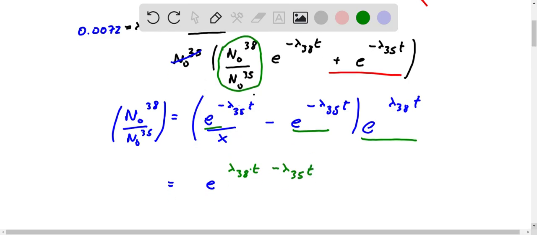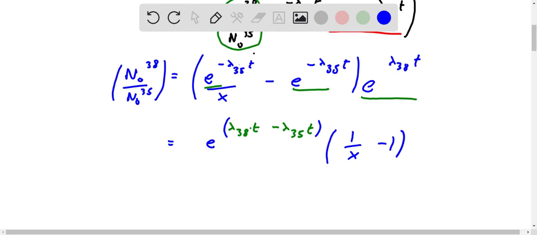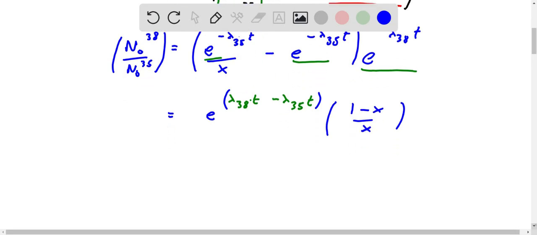Oh, whoops, I changed color. Sorry about that. This is just basic algebra, and it's 1 over x minus 1, and 1 over x minus 1 you can just rewrite as 1 minus x over x. So we get a formula for the initial ratio of uranium-238 over uranium-235.